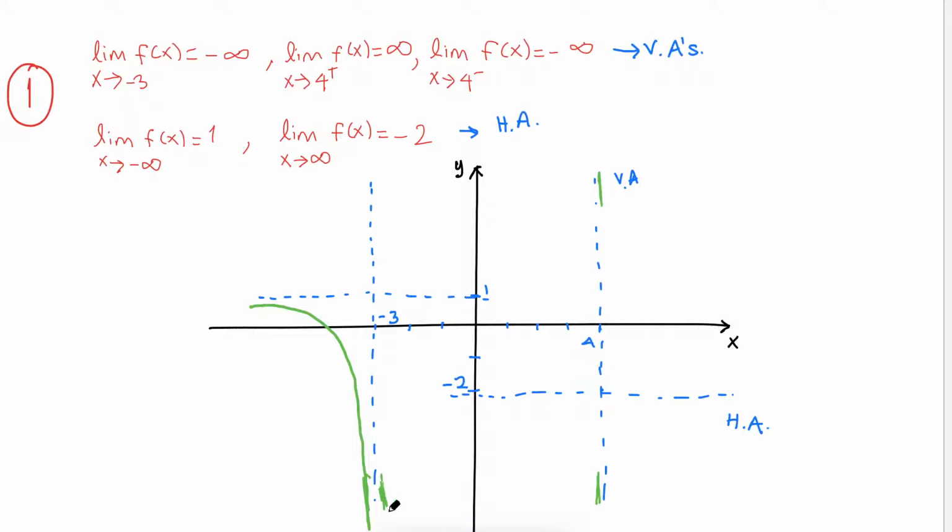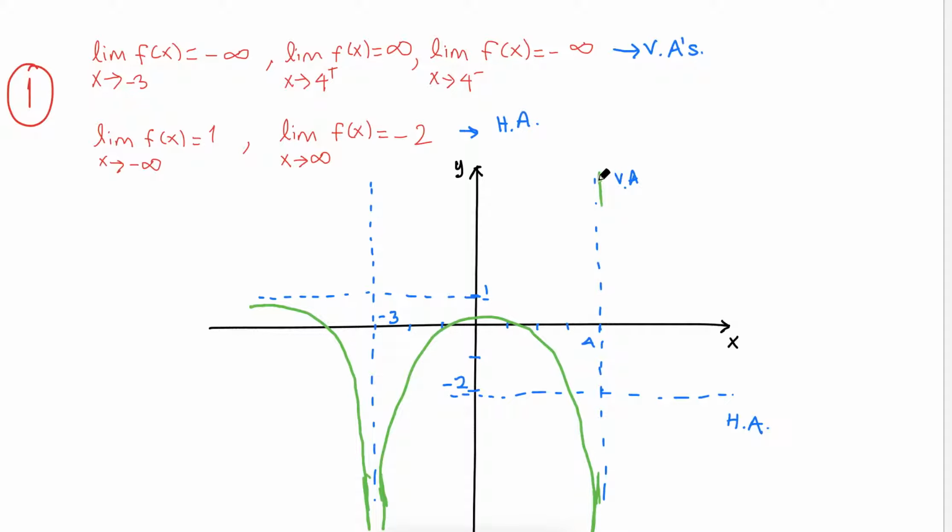So I can have some options. You know, I could just draw my function like this, or I could go up and then down and then up and then down. So I can have several things. It doesn't really matter how I draw it, as long as I satisfy the conditions for the vertical asymptotes, and I'll go with the simplest graph.